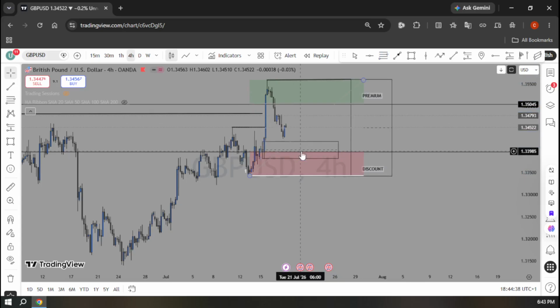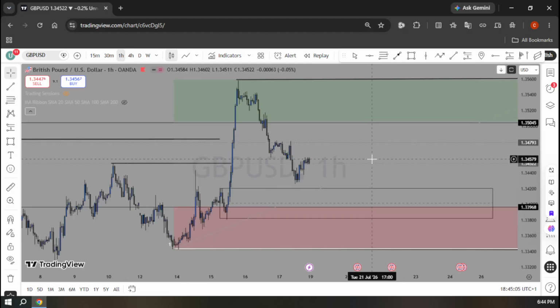If price fails to react and on the smaller time frame give a subtle change of character, please do not enter the trade. Wait for a change of character and a break of structure before taking any position. If price breaks below, then price is searching for lower pricing. But this is our current daily deal, our current 4-hour dealing range. And on the 1-hour time frame, what is it that we have here?